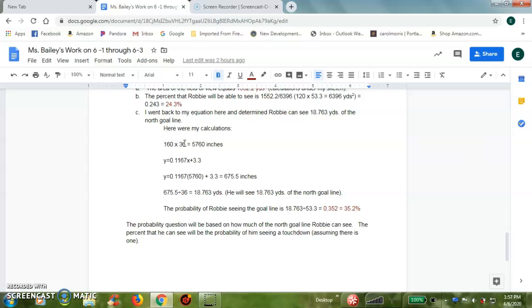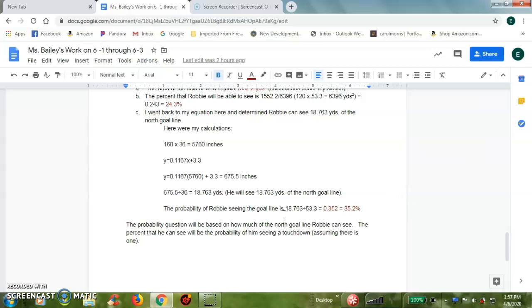So you would do the same, 5,760 inches. Put that into your formula. When I put it into mine, I saw that Robbie could see 675.5 inches, and then I converted that back into yards. It's the same calculation as I did before. I've just got this as 160. All right, so then I saw that for the north goal line, he would see 18.763 yards.